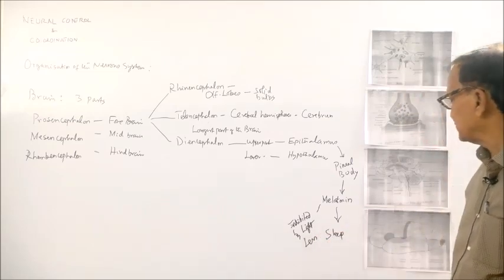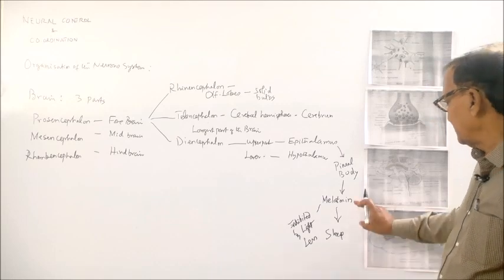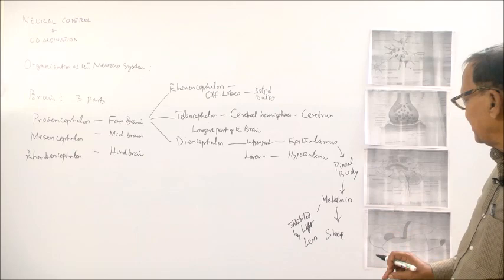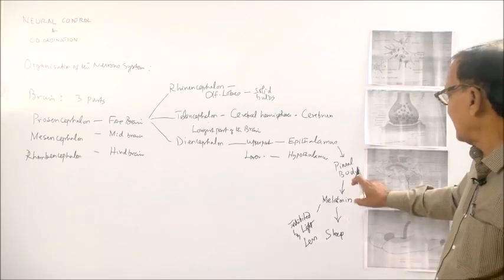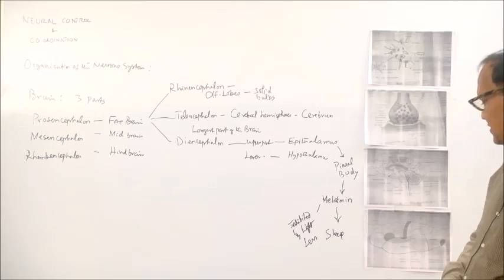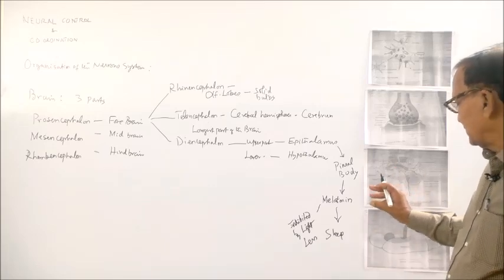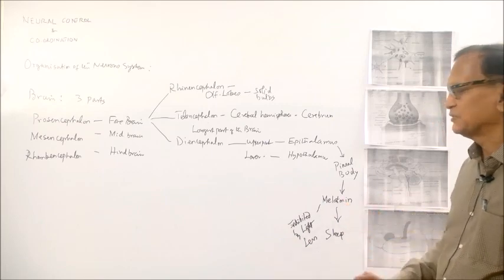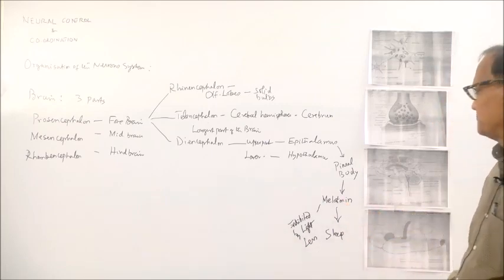So the amount of sleep is controlled by melatonin. The amount of melatonin that is secreted depends on the amount of light that the pineal body receives, and light in fact inhibits the secretion of melatonin.